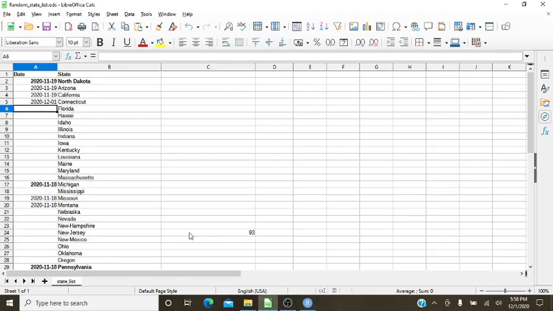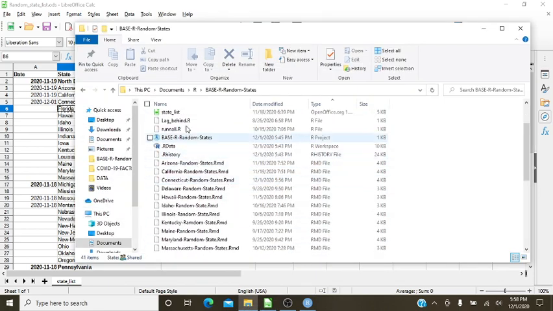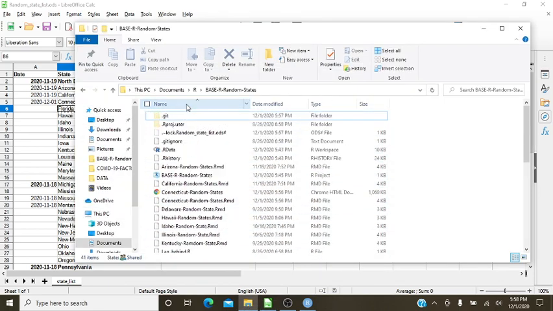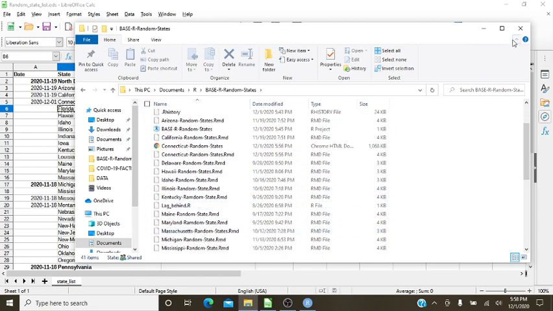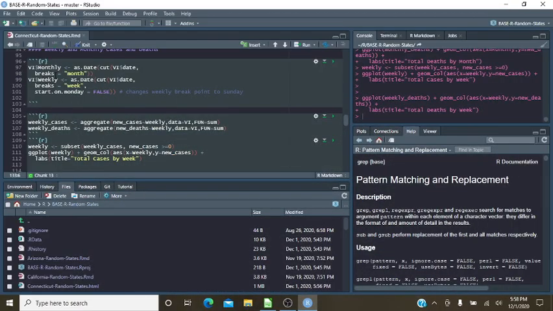And let's come back. Let's do one for Florida, which is kind of odd. I don't understand what's happened to it. Okay, well, let's go ahead and do an analysis for Florida in that case.